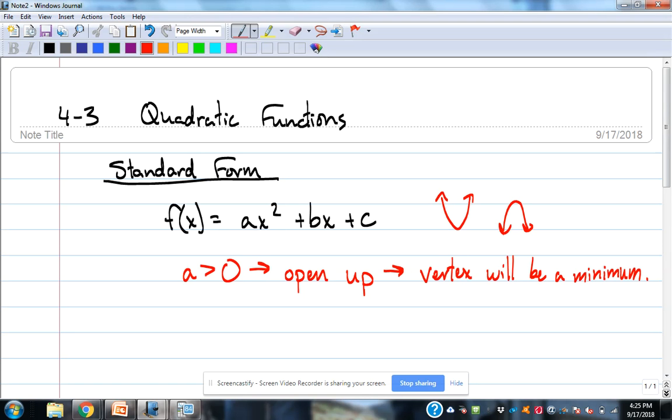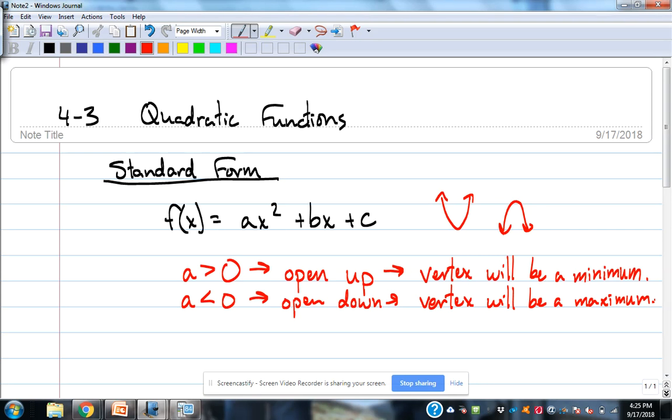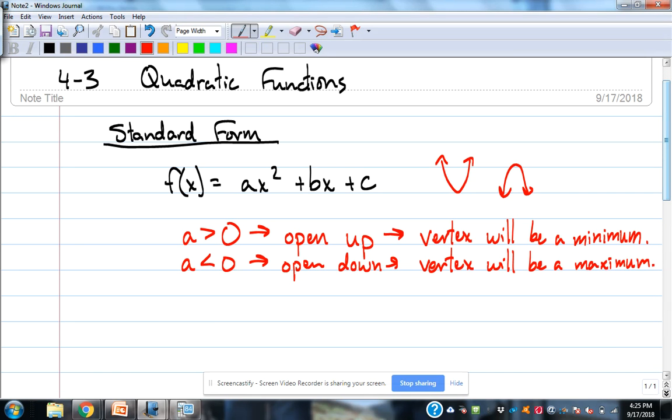Okay. If A is negative or less than 0, it's going to open down, and the vertex will be a maximum. Know that based on what A is and nothing else. Nothing else decides that.